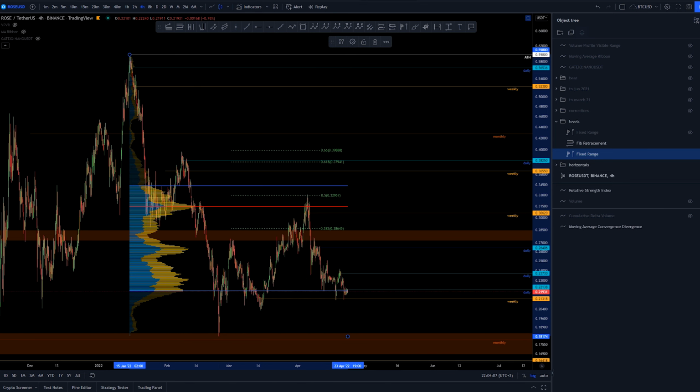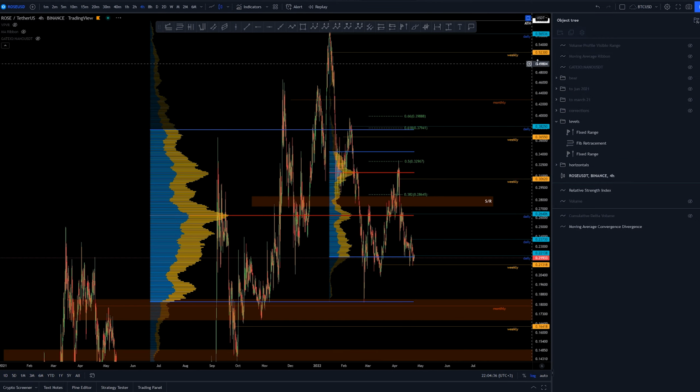Now let's pull this to current prices, and we see again the point of control here is aligning pretty well with the weekly. If we ever come back up here, currently we're almost creating more volume down here, bringing the point of control down here, but currently again we have the range value area low around the current price, which is still holding us here.